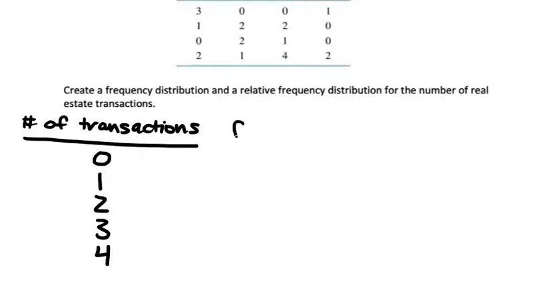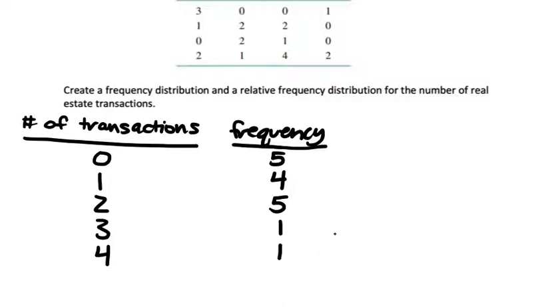So now for frequency, I'm going to count how many times each one occurred. So 0 occurred 1, 2, 3, 4, 5 times. 1 occurred 4 times. 2 also occurred 5 times. 3 occurred once, and 4 occurred once. So those are my frequencies.